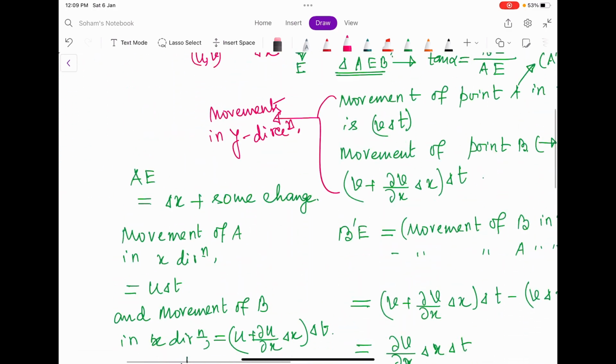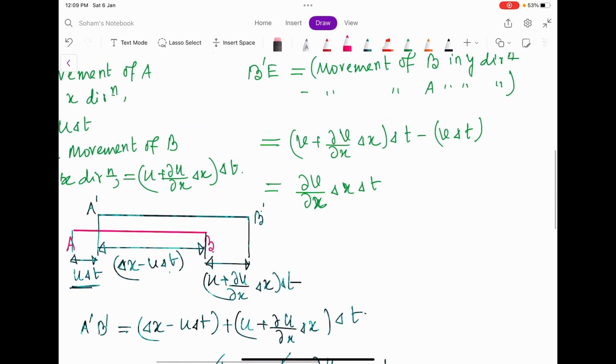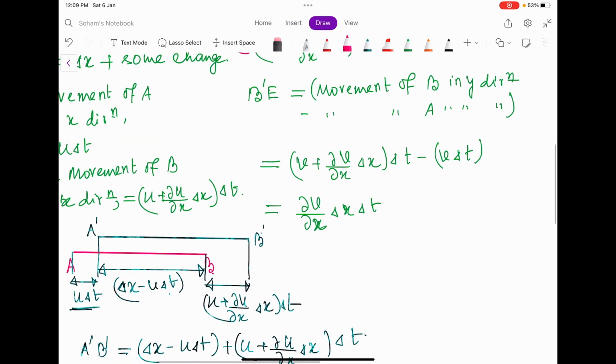So here this AE was equivalent to A dash B dash. That means now I have got B dash E, and AE is almost equal to the initial delta x, right?